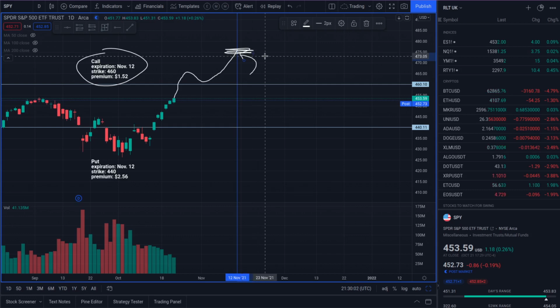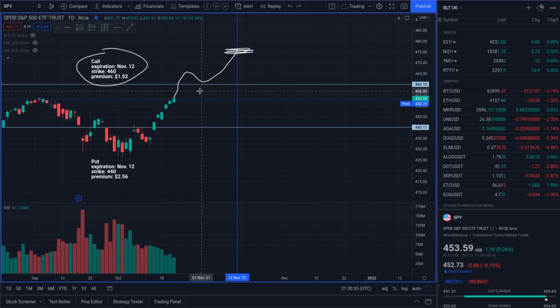That makes you book a $1,500 profit, because you have 100 shares and this is $15 per share of profit. Initially you paid $152 for this contract, so your net profit is 1,500 minus 152, which is going to be $1,348.